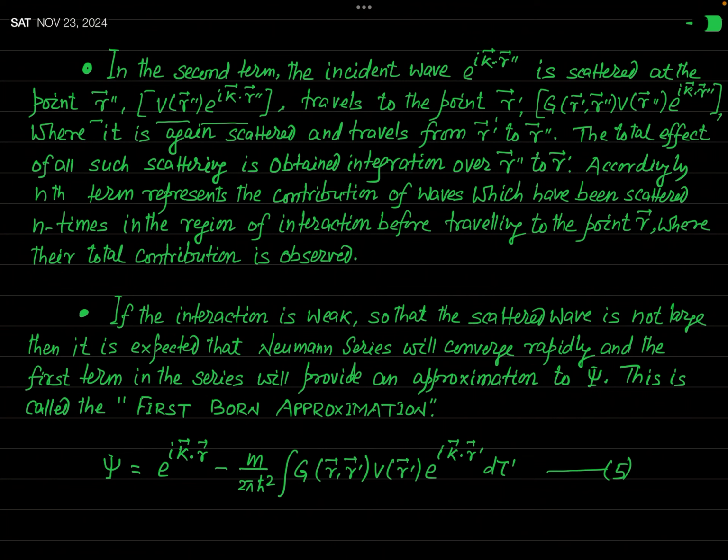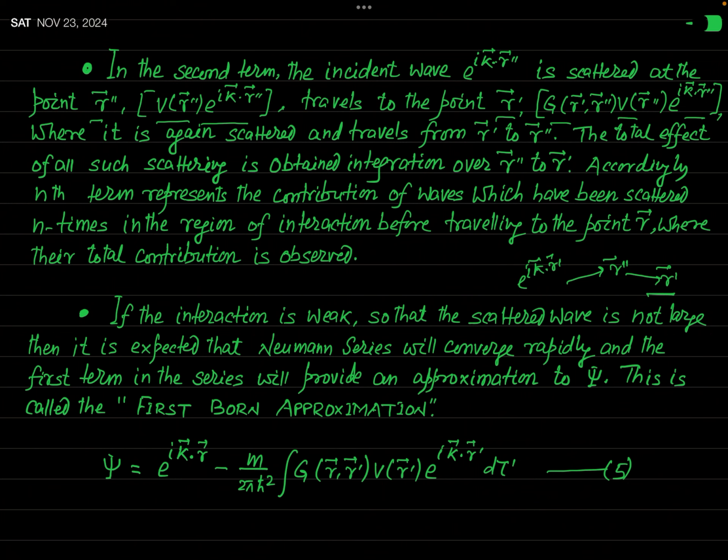And this travels to the point r dashed, which is given by G of r dashed comma r double dashed. When the incident wave is scattered at the point r double dashed, it moves from r double dash to r dashed, and again it is scattered at this point r dashed to reach the point of observation r.